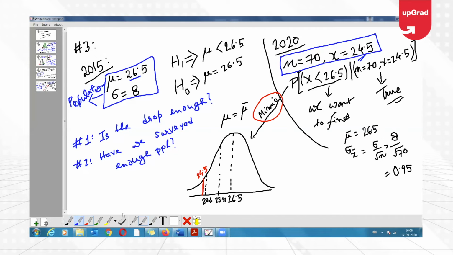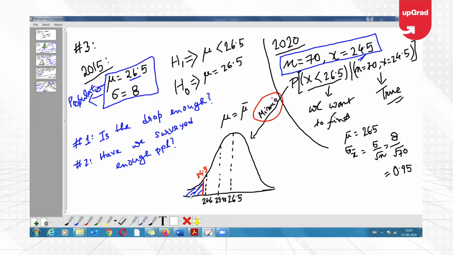Now we have to understand one concept: the rejection region. What is a rejection region? In very simple terms, the rejection region is the region which does not contain 24.5 and 26.5. In this case, this is my rejection region, the region shaded in blue, because this part does not contain 24.5 and 26.5.